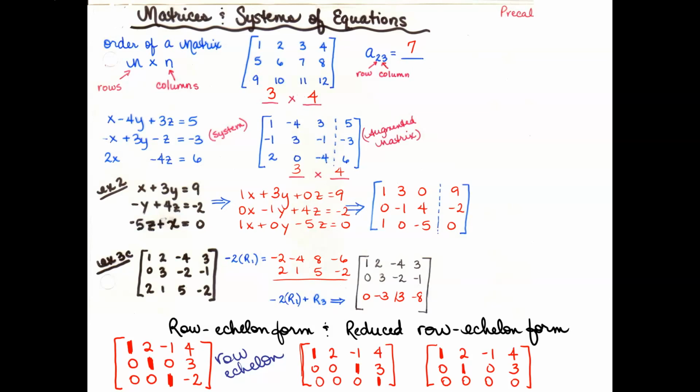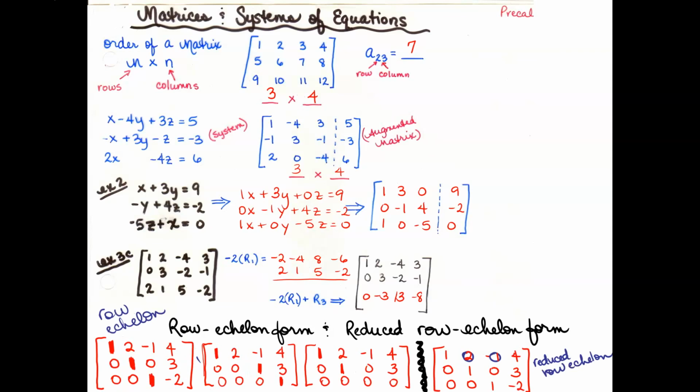Now, that's row echelon form. If I'm willing to do a few more elementary row operations, I can change this into something called reduced row echelon form. So if I go back to this very first matrix we worked with over here, if I was willing to do a few more row operations to transform this -1 and 4 into zeros, then it would give me reduced row echelon form that you see right here.